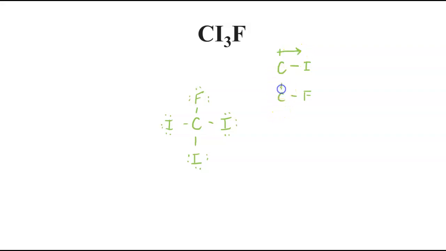Now, looking at carbon and fluorine and comparing that to the iodine, you'll notice that fluorine is not only to the right, but it's also to the top right, which means that fluorine is even stronger than iodine in pulling its electrons towards it. So I'm going to show a much longer vector.